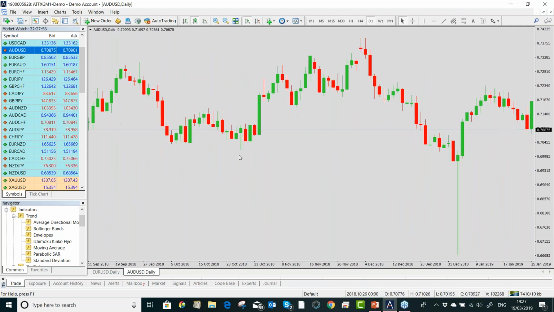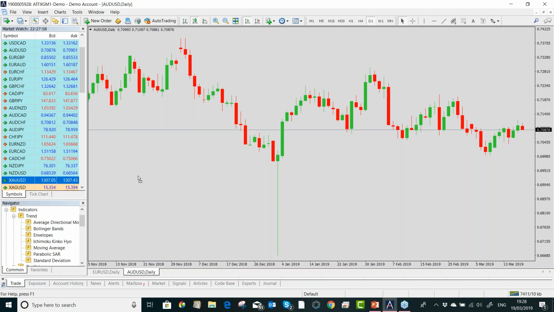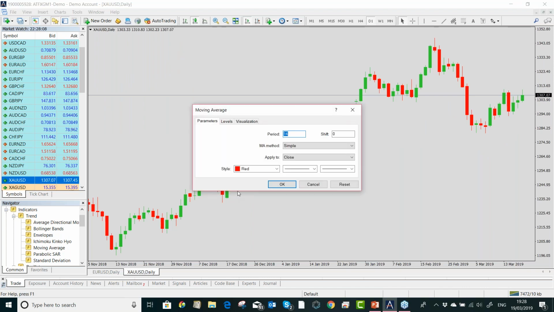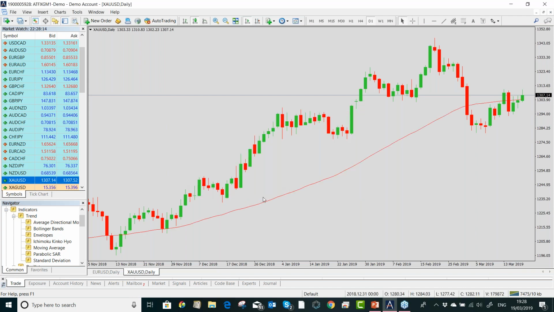Now, another thing that I like to use is trend analysis. Now, we can use some very simple things, for example, moving averages for trend analysis. So I'm just going to pop a 50 moving average onto the chart. We can see very simply from this 50 moving average that it's pointing upwards.